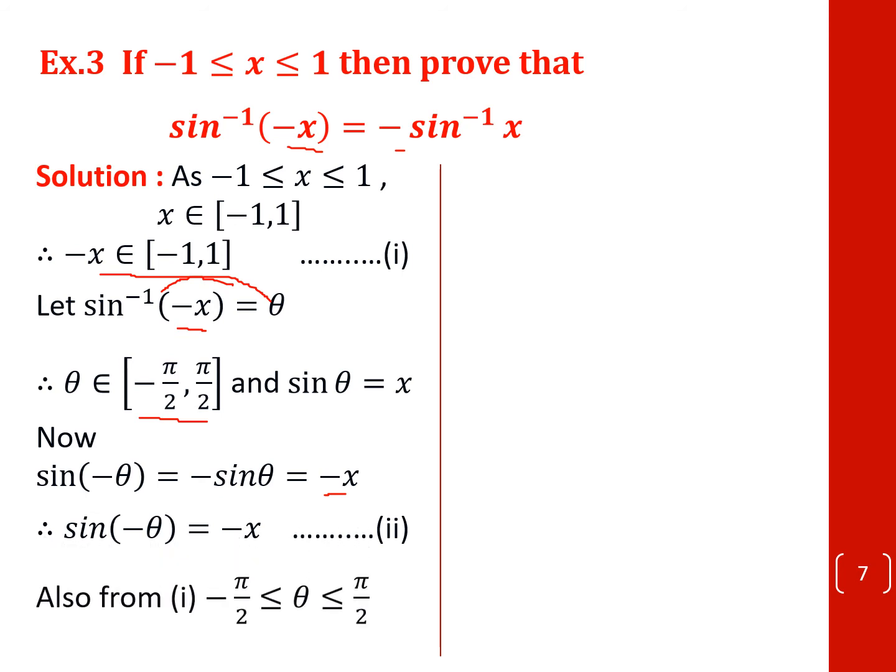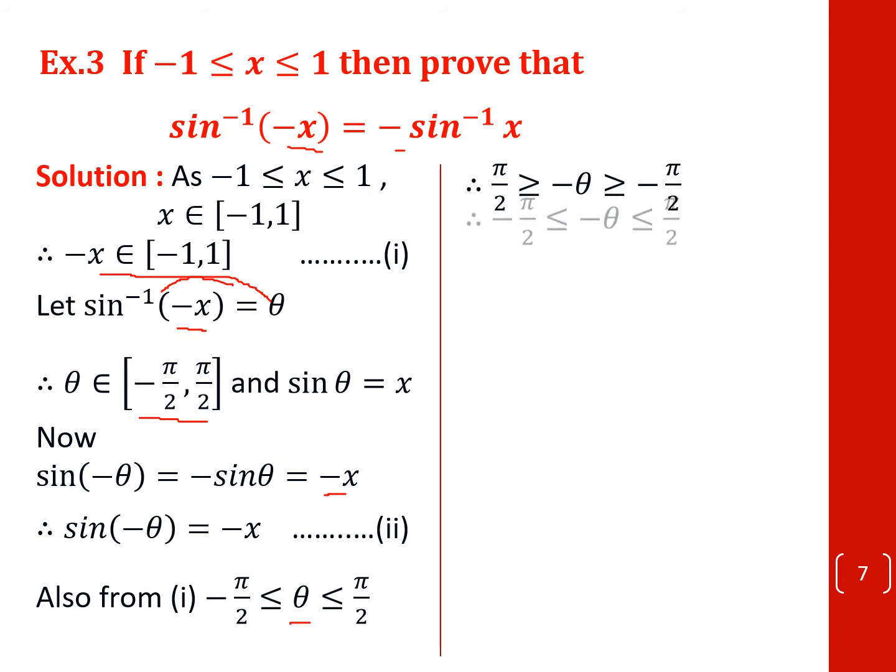Now from 1 we can write minus pi by 2 is less than or equal to theta is less than or equal to pi by 2. Now, by changing inequalities, we want minus theta. Therefore, pi by 2 is greater than or equal to minus theta is greater than or equal to minus pi by 2.